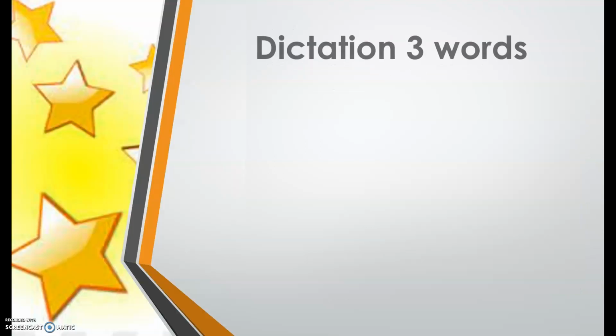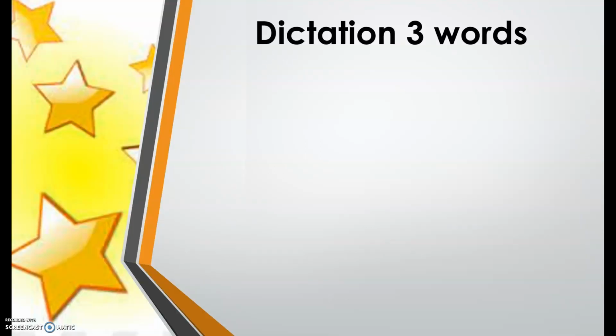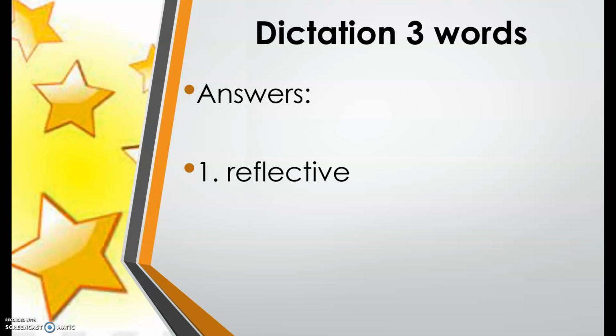Okay, now let's check your answers. Bring out your red pen. If your answer is correct, please put 1. If your answer is incorrect, please copy the correct answer. Okay, number 1. Let's read and spell together. Reflective. R E F L E C T I V E. Number 2.